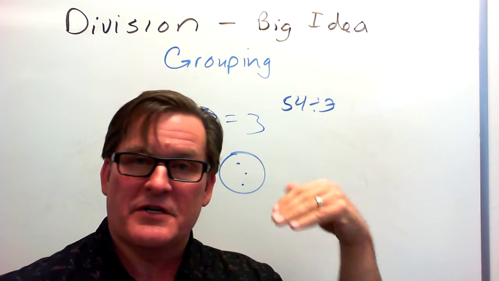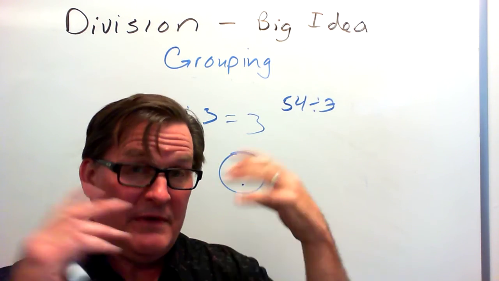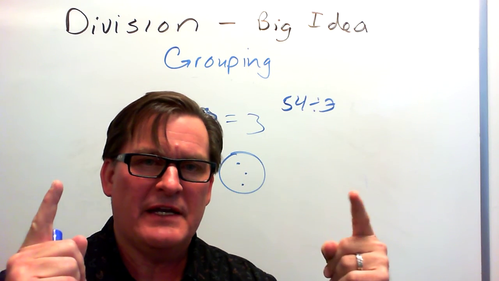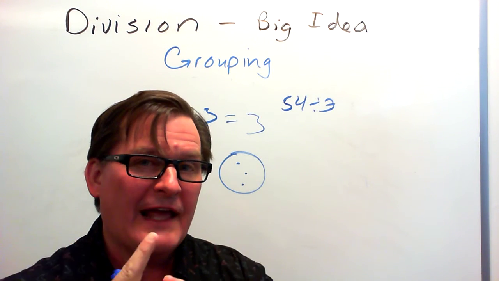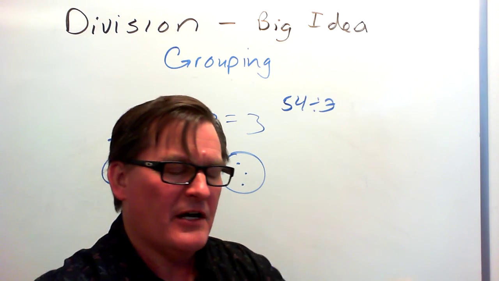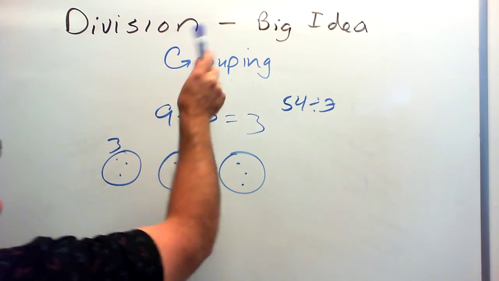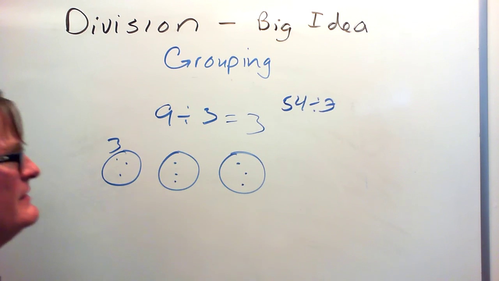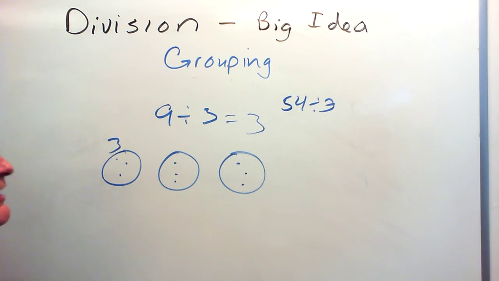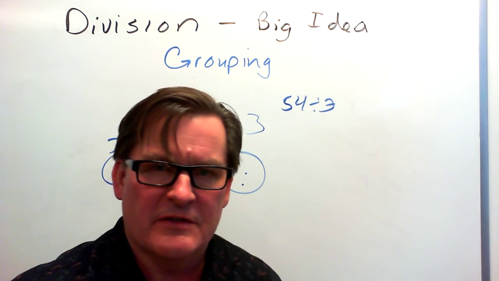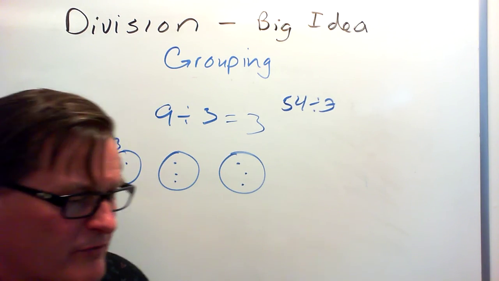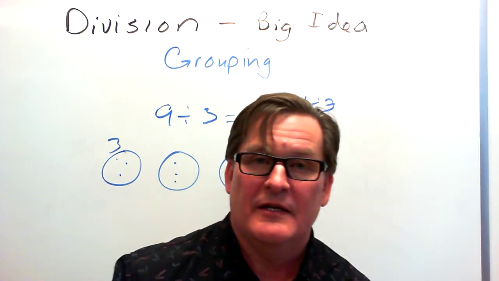It's going to start to search for something that's similar. So it just makes sense that the more connections you've made, the quicker and the more likely students are to find the right connection to help them solve that problem. So that's the big idea in division. It's also the big idea in multiplication, but honestly I think it's probably more powerful in division because of the common misconceptions that come from that operation.